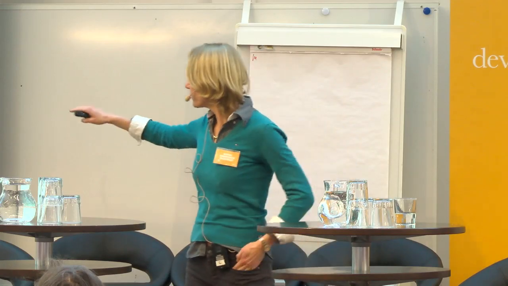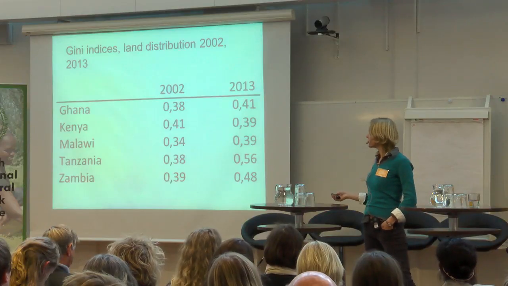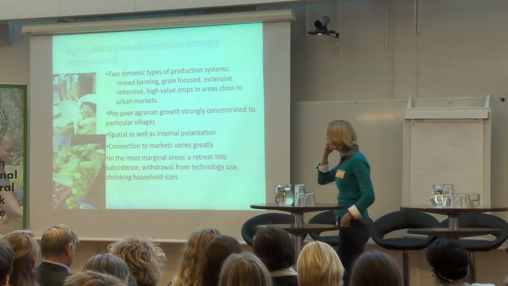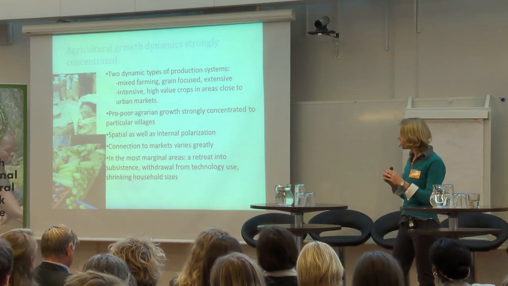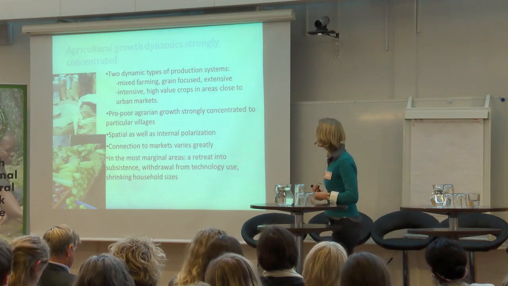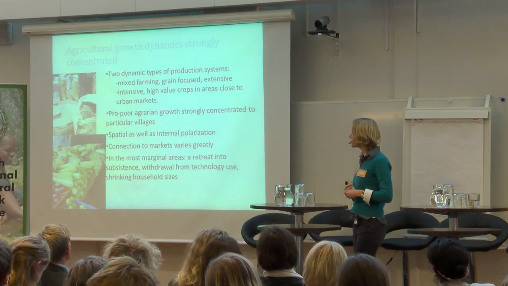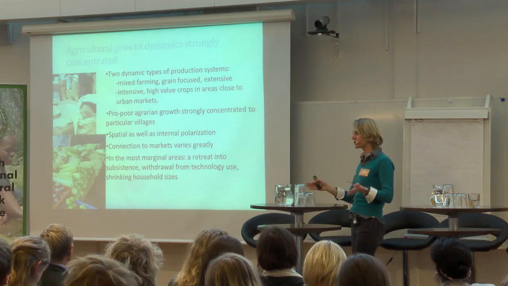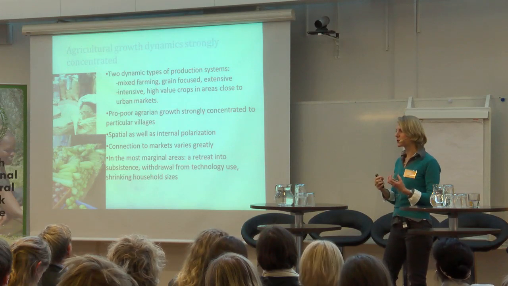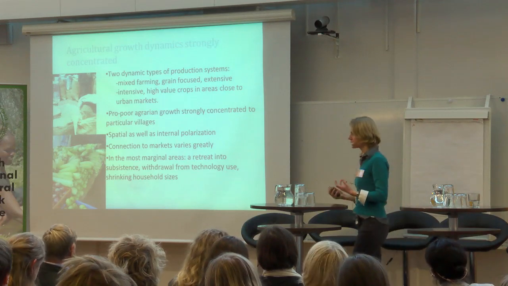But so we see growing polarization in the access to productive assets, and at the same time, if we look at processes over time, especially when we compare the period 2002 to 2008, we get the picture of two dynamic types of production systems.